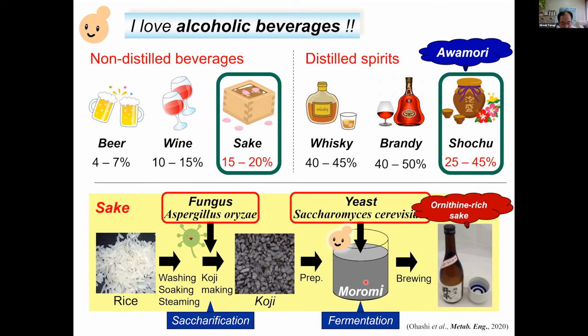Recently, we successfully commercialized a new sake containing a high level of the amino acid ornithine, which has physiological functions such as reducing fatigue and improving sleep quality. It is brewed with my ornithine-overproducing sake yeast mutant. But today, I will focus on awamori brewing.